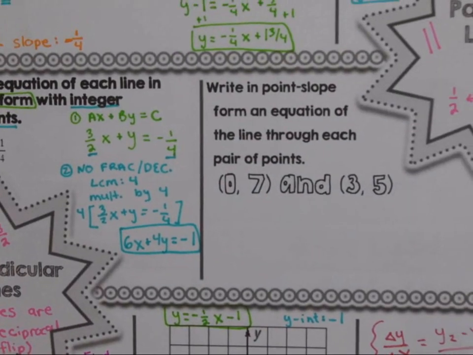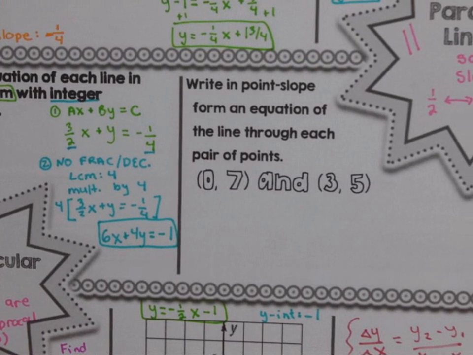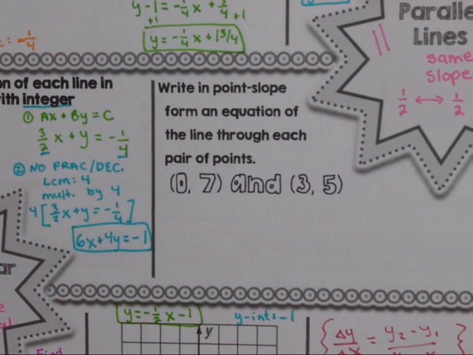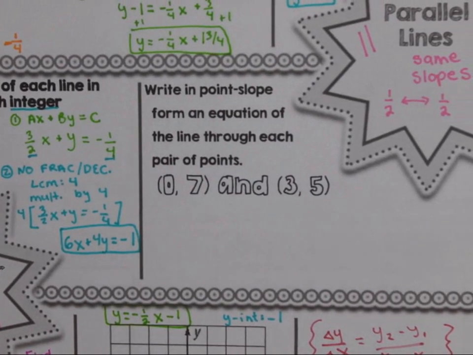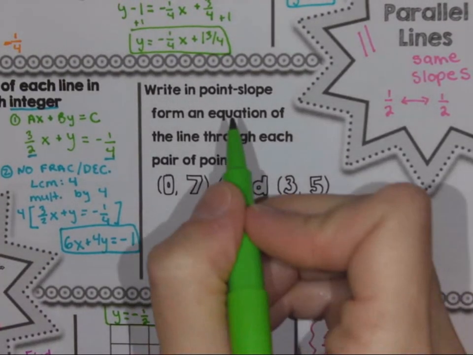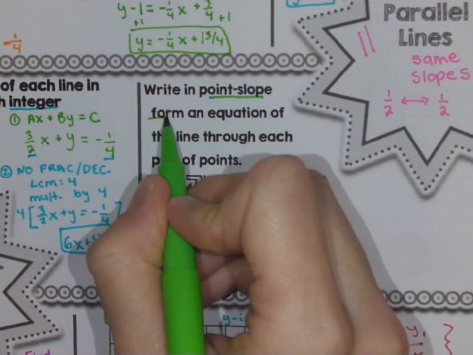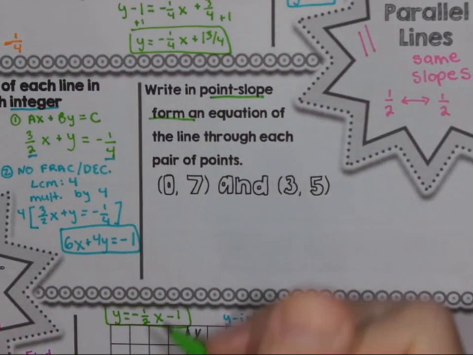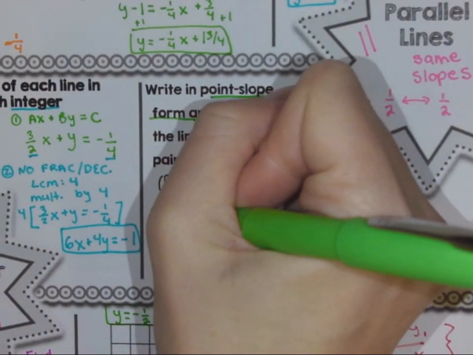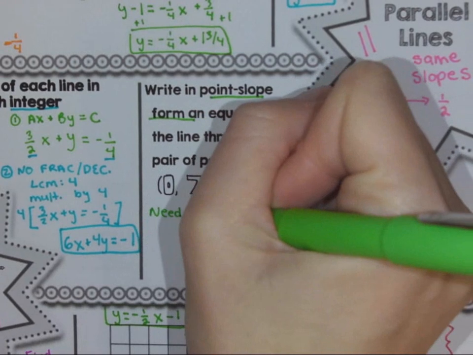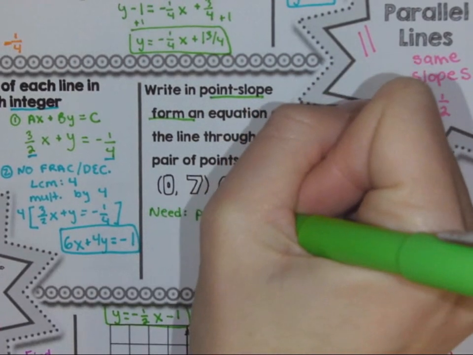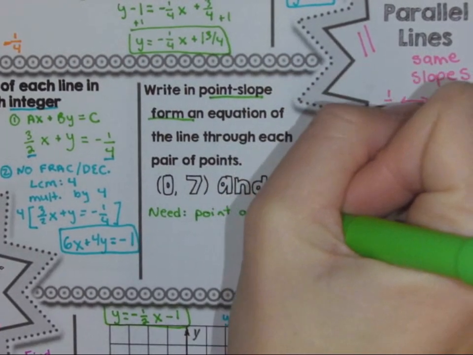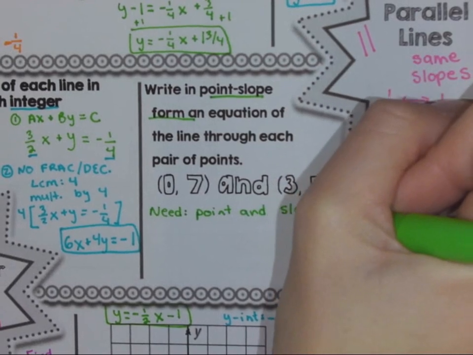So last one on the page, and then I'm going to just do one quick graph reminder for you. This one says write in point and slope form, and I'm giving you 2 points. Okay, so point and slope form, we need 2 things. I'm just going to note we need a point and we need a slope.